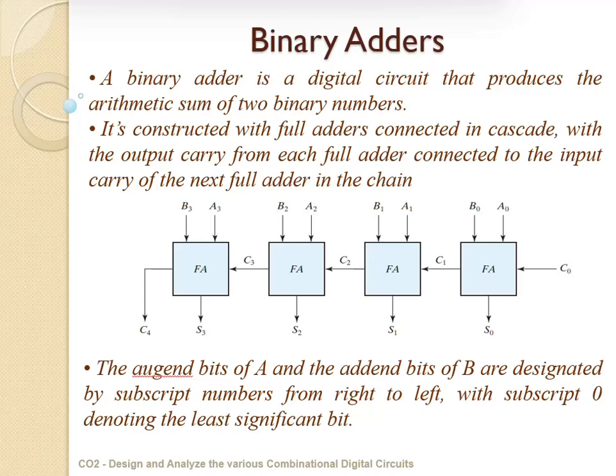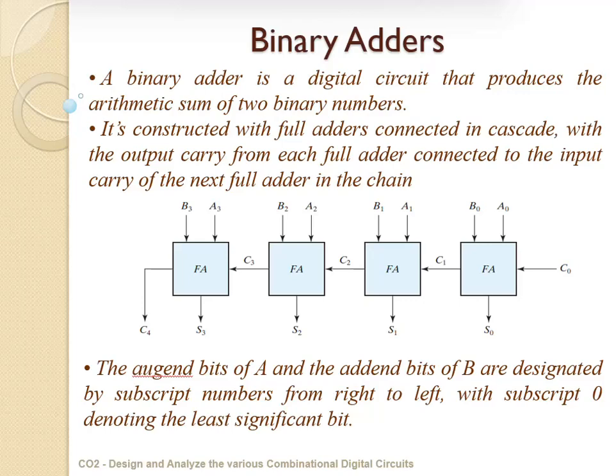The augend bits A and the addend bits B are designated by subscript numbers from right to left, with subscript 0 denoting the least significant bit. So A corresponds to A3, A2, A1 and A0, and B corresponds to B3, B2, B1 and B0. C0 is the input carry, and S0, S1, S2, S3 is the output sum.